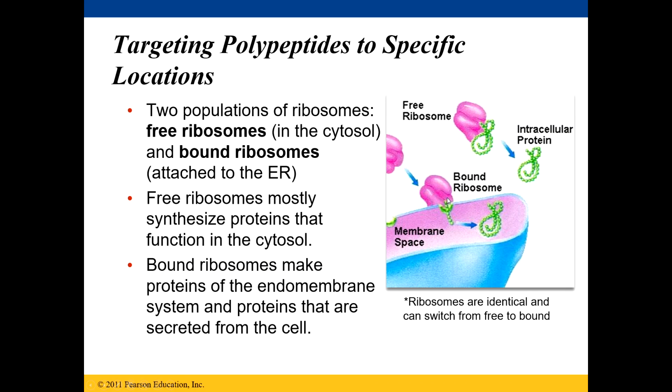They both make proteins, but free ribosomes mostly synthesize proteins that function in the cytosol. So, for example, those might be proteins that form digestive enzymes that are needed in, say, lysosomes in order to do cellular digestion.